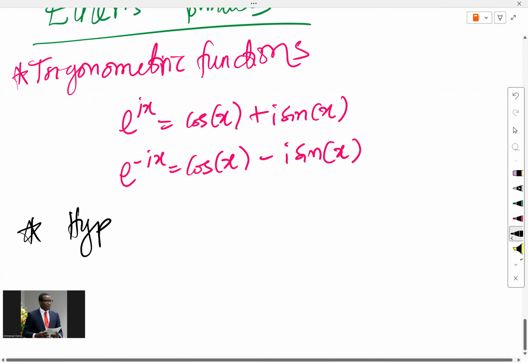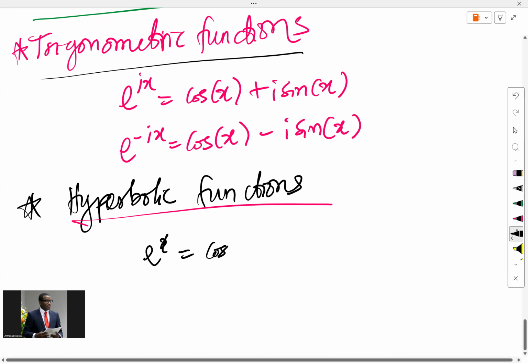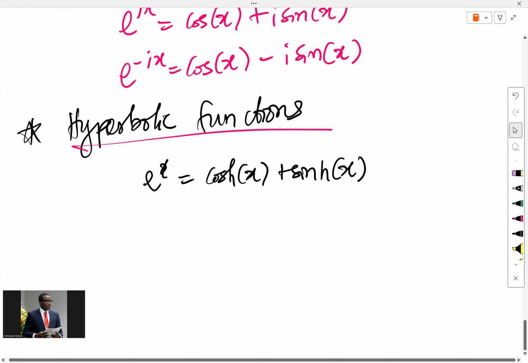And then we can also talk about hyperbolic functions. How does that pan out? For hyperbolic functions, we have e raised to power x equals cosh x plus sinh x. You can easily try this out. If you add cosh x plus sinh x, it gives you e raised to power x.